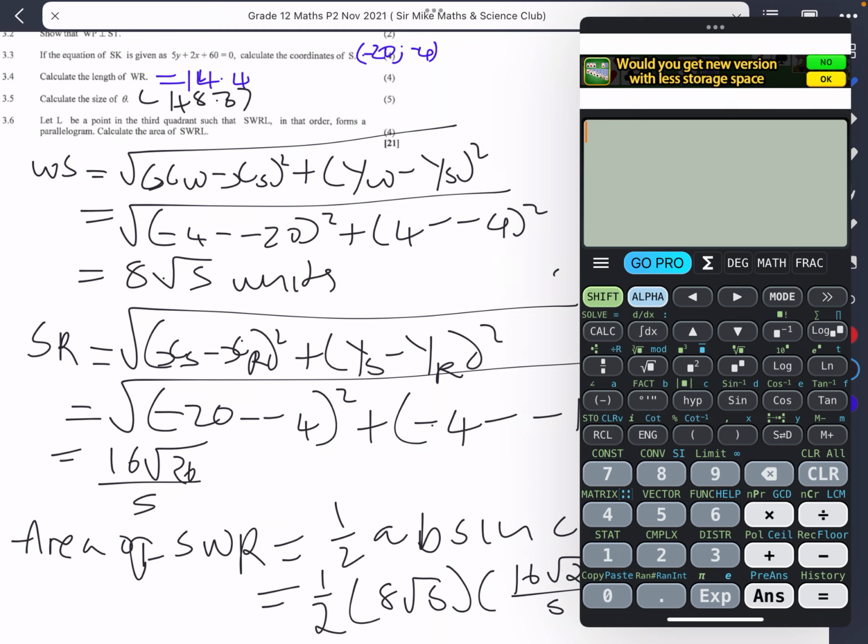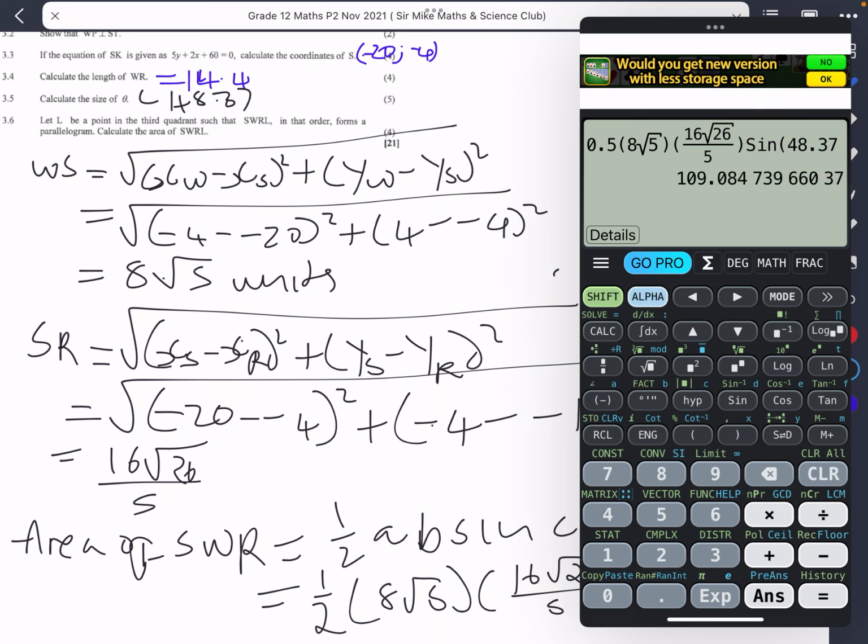So we have 0.5 multiplied by 8 square root 5. So this will simply be 16 root 26 divided by 5. And then we multiply this by sine of that angle, which was 48.37.